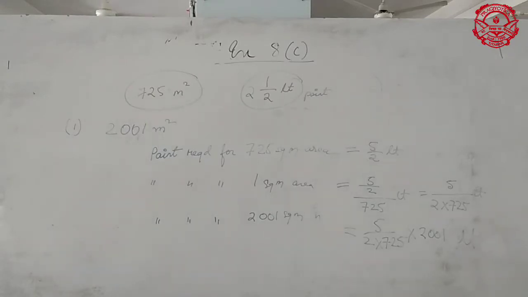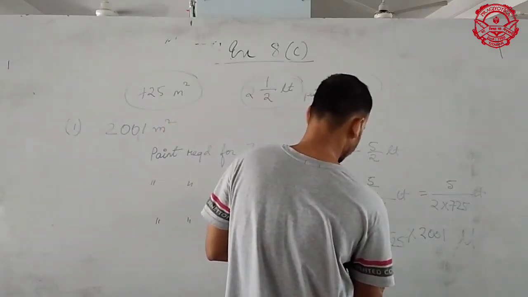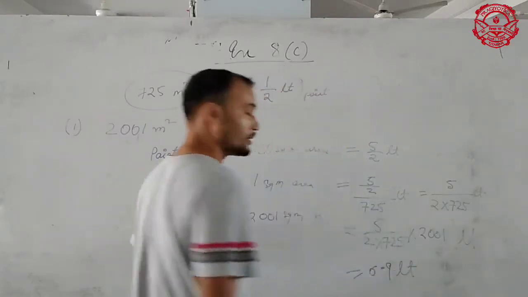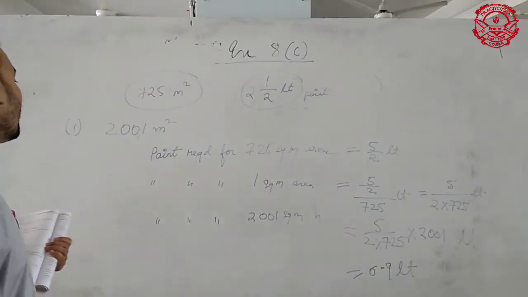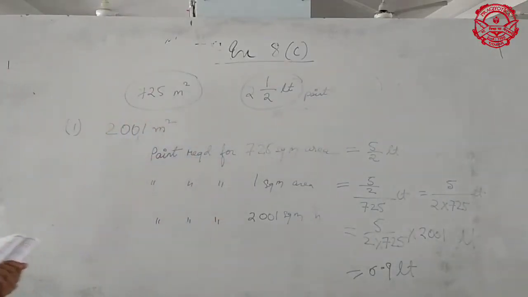And after solving this, you will get 6.9. Okay. You will get 6.9 liters of paint are required to cover an area of 2001. Okay, there is 6.9 liters of paint will be required.